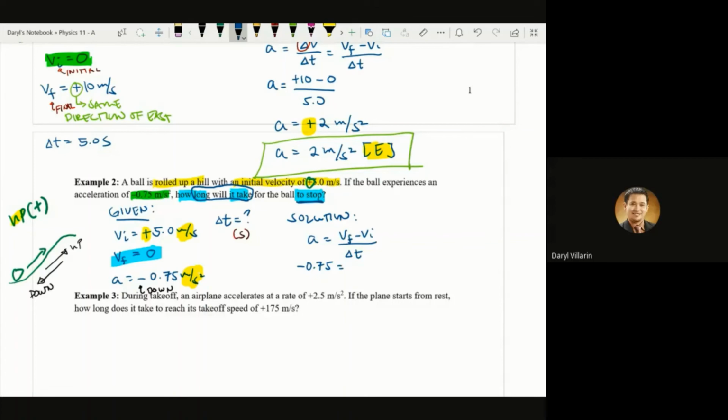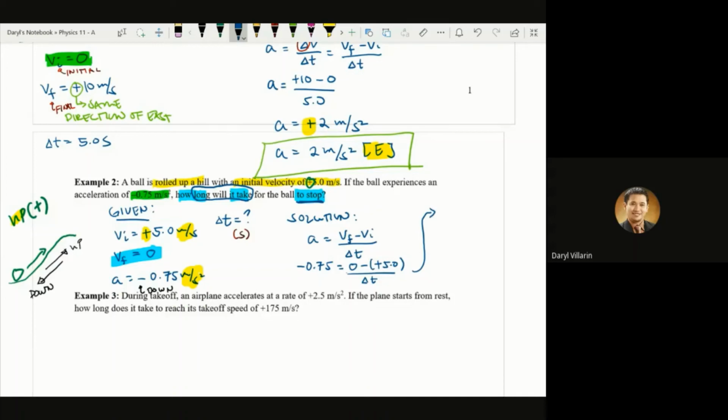So now, just place the values that I have. VF is 0, and this is minus the positive of 5.0 all over delta t. Okay, so if you can see here, I only expect to have one variable in my equation.